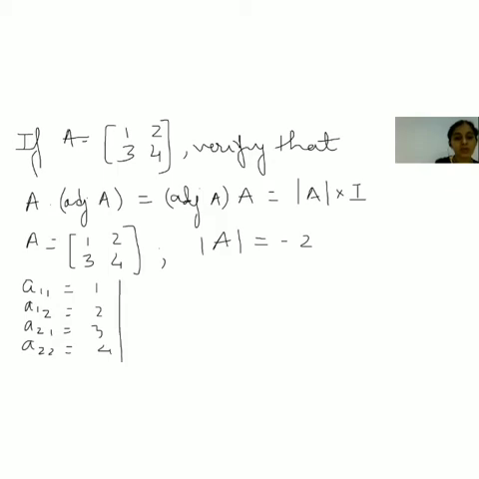Then we find the minors. So we have M11, M12, M21, and M22. M11 is equal to 4, M12 is equal to 3, M21 is equal to 2, and M22 is equal to 1.